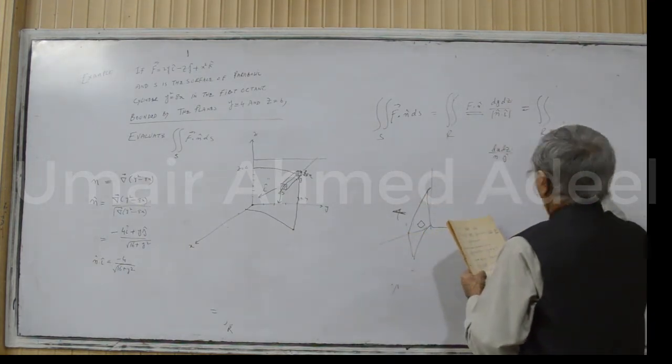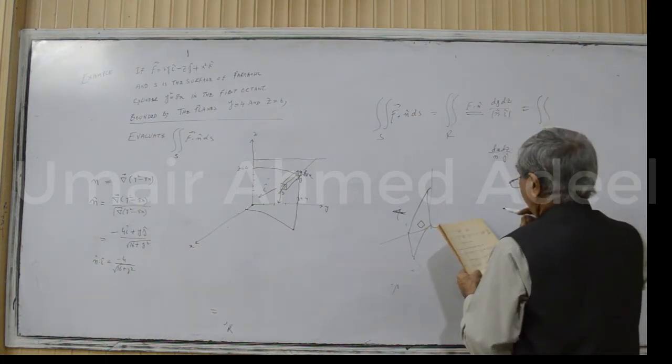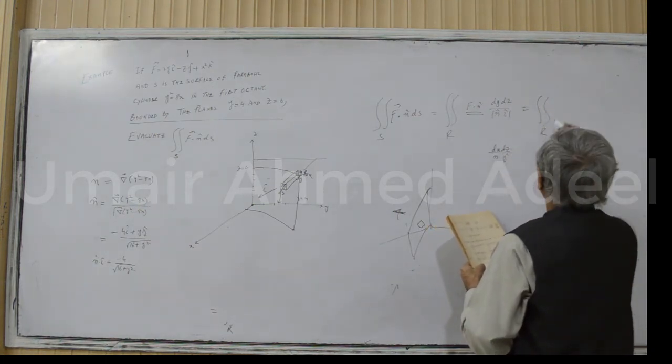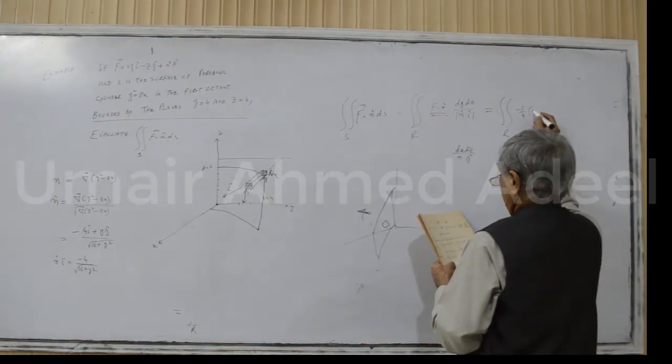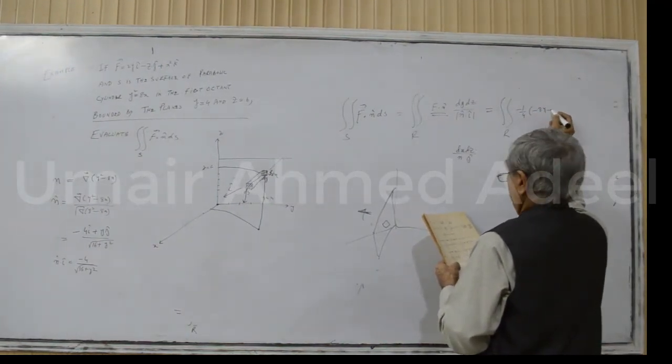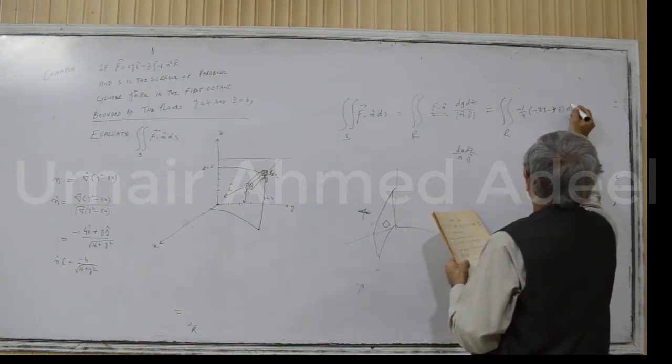Now, if I do all these things, putting everything in, then I get the following: minus 1 over 4, minus 8y minus 4z minus yz dy dz.